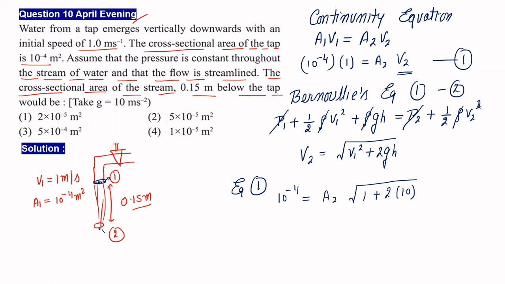Students may be confused about why h was not taken there, because I am taking this as a reference line, that's why h was not taken there. Understand? So this is h.